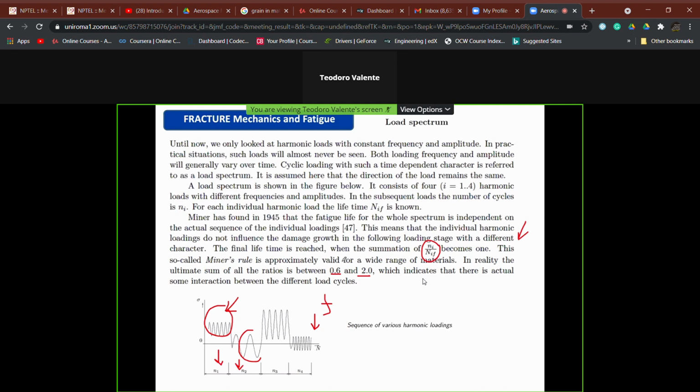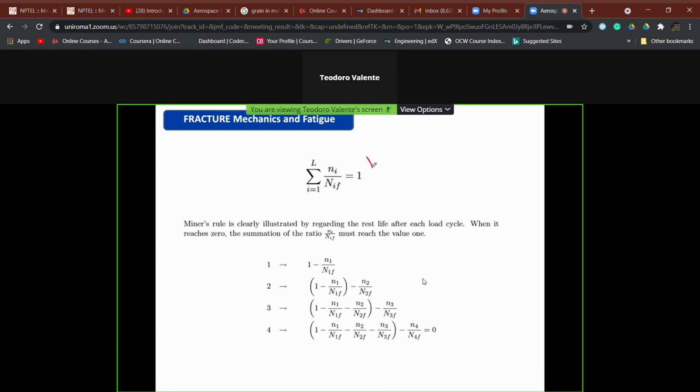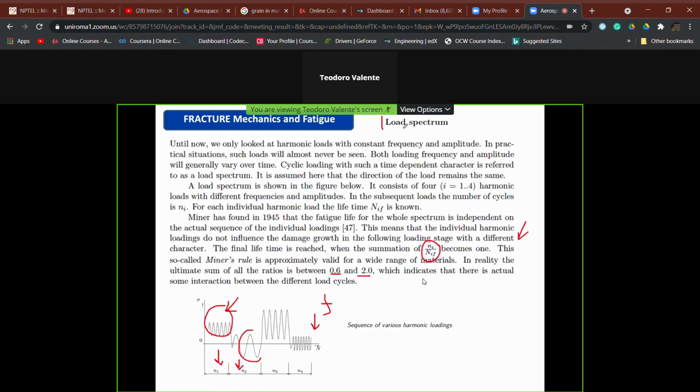In case we do have values which are different from 1, that is, for example, in the range 0.6 to 2.0, this means that really the hypothesis of no influence or no interaction between the different load cycles is not fully respected. But generally, Miner's rule is written in this way. And when we write this, knowing all the values of the failure number of cycles for the i conditions, we can treat the problem of the presence of a load spectrum.